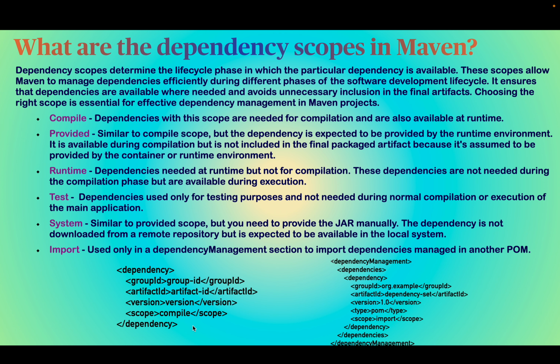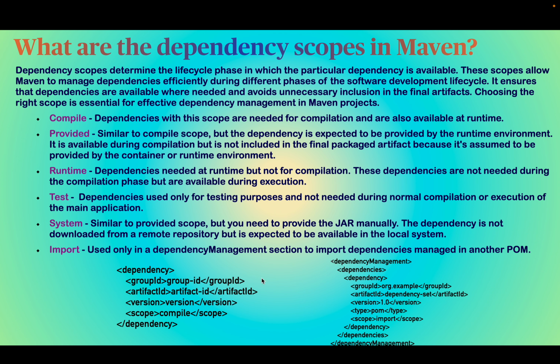We can need that dependency during the runtime. We can need that dependency at compilation time. We can have that dependency during testing, which is only while running the test cases. We need certain dependencies to be injected by the container. So we need to define when all of these need to happen.